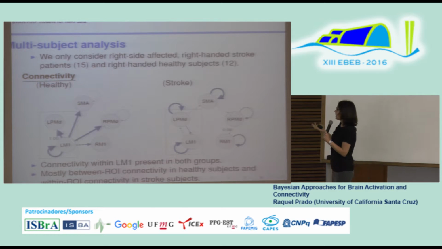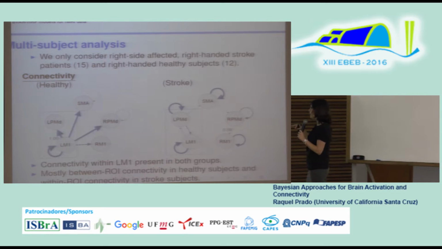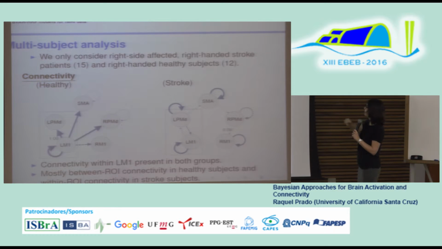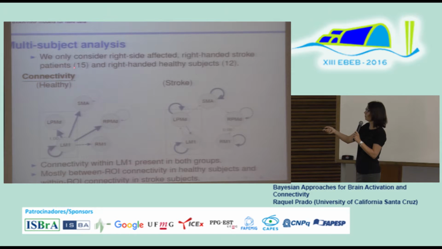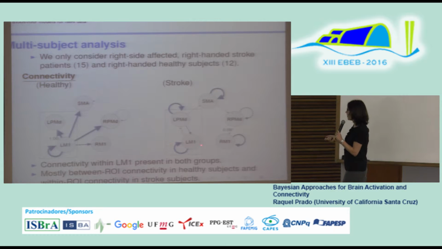Now, the multi-subject analysis, we ran with the 15 patients who had a stroke and were right-handed, and 12 patients that were healthy. In terms of the connectivity, this is what we discovered. So these are my connectivity graphs based on the posterior inference.